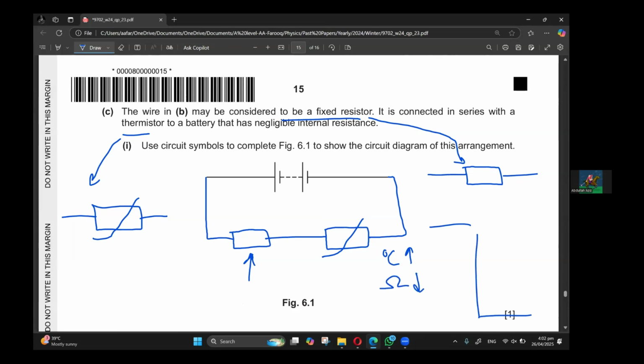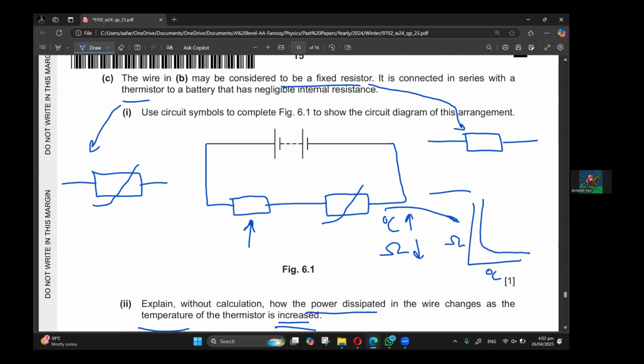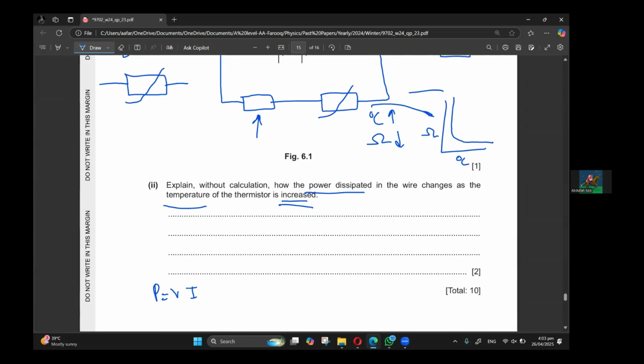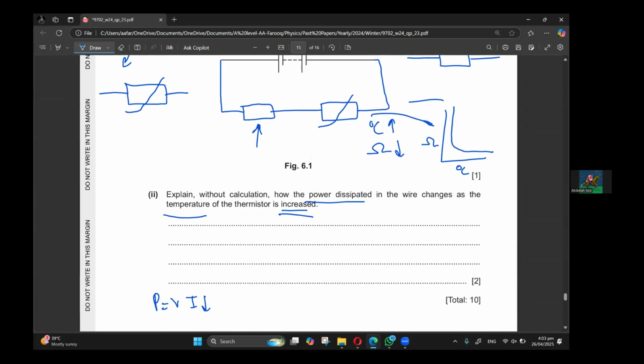The graph looks like this, an inverse proportional graph against temperature. So if its resistance is decreasing, that means the total resistance of the circuit decreases, so the current increases, since V is equal to IR and the voltage is constant. The resistance decreases, current increases.